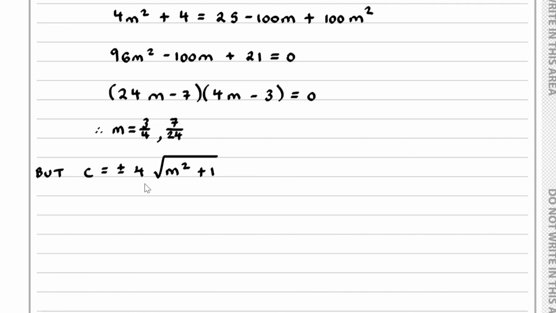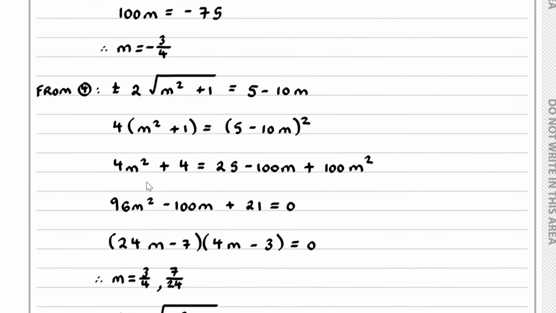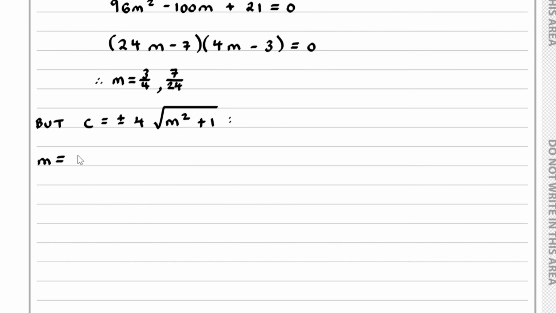And if we use this, when m is equal to, now here we've got m squared and here we've got m equaling 3/4 and minus 3/4. So when m is equal to plus minus 3/4, we would have c equals plus minus 4 times by 3/4 squared plus 1 square rooted.